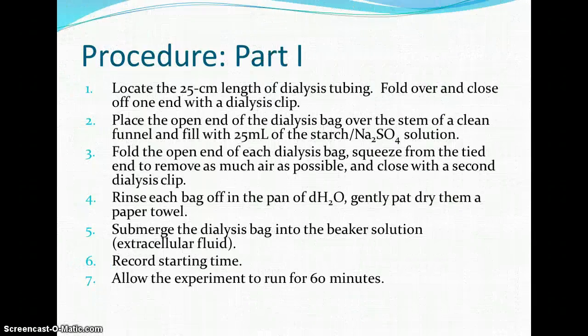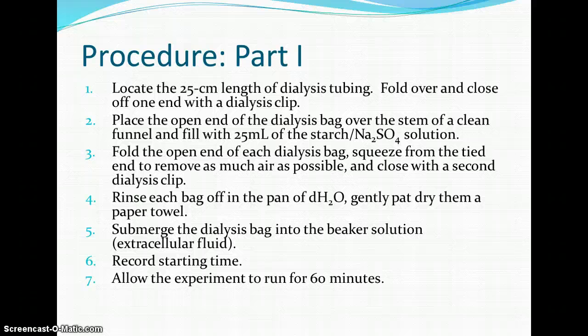So for the procedure of part 1, the first thing that we did was locate the 25 centimeter length dialysis tubing. We then folded one end and closed it off with the dialysis clip. Then as a second step, we put the bag over the stem of the clean funnel, and we filled it with 25 milliliters of the starch and the Na2SO4 solution, and that acts as the cytoplasm of the cell pretty much.